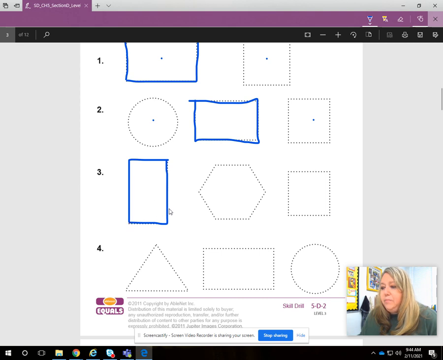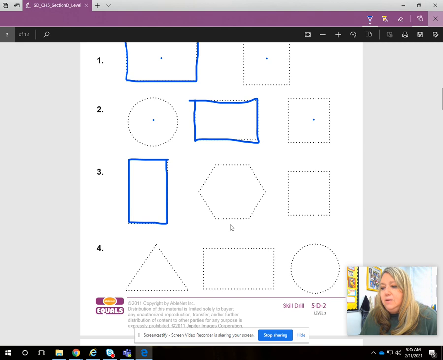This one, I believe, is called a hexagon. I'm not totally positive on that, but I believe it's a hexagon. So we have 1, 2, 3, 4, 5, 6 sides to this one. That's definitely not a rectangle.